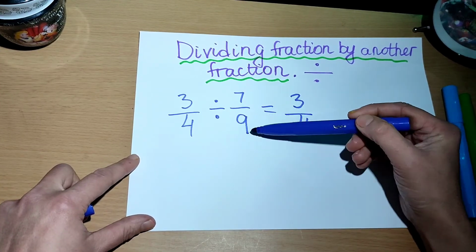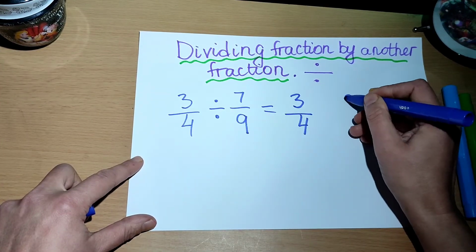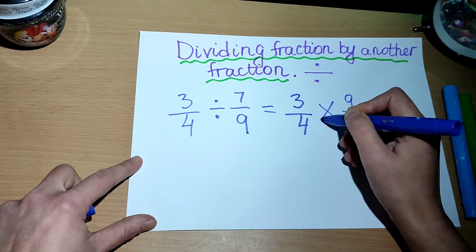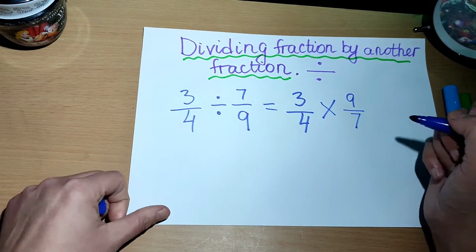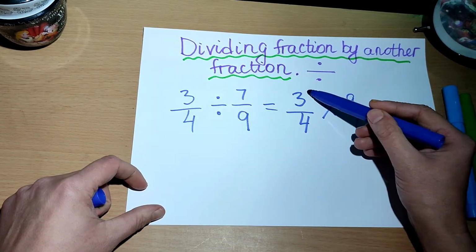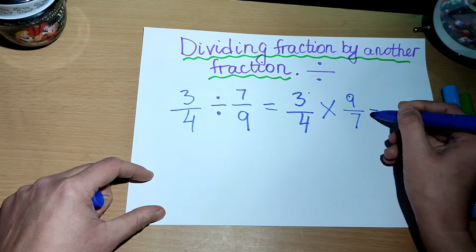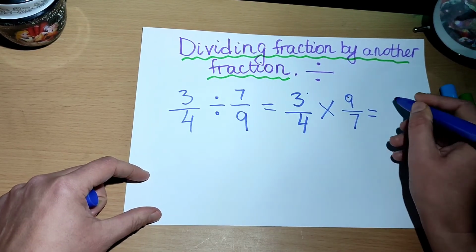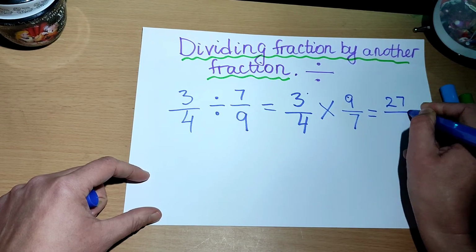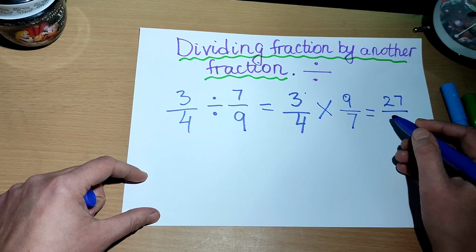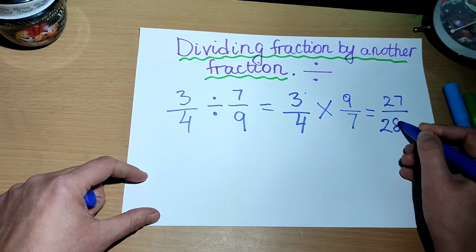So instead of 7/9, I'm going to write it down as 9/7, and I'm going to multiply these fractions together. We know how to multiply fractions because we've learned this already. We're just multiplying the numerators together, 3 times 9, which is 27, and we're also multiplying the denominators together, 4 times 7, which is 28.